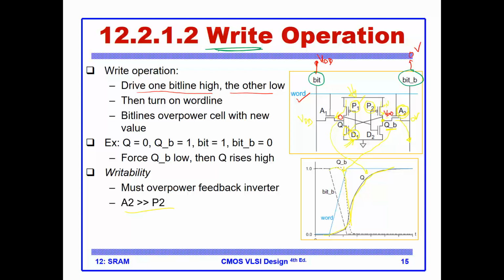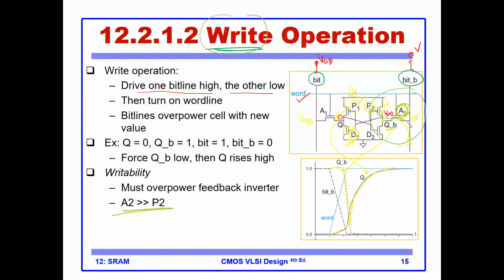But the initial action happens in this side, all right? And the initial action happens in this side where it is important that what triggered this cycle is that P2 is much less than A2. A2 is very powerful, so we start discharging first, and that's why we have this condition over here for the write operation.